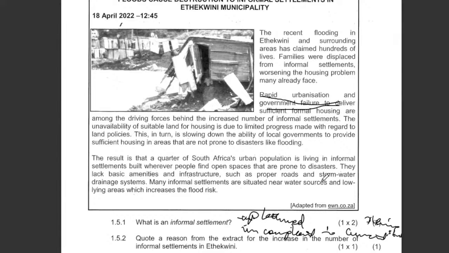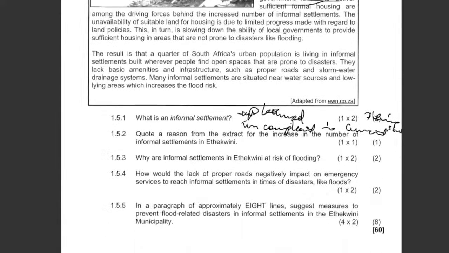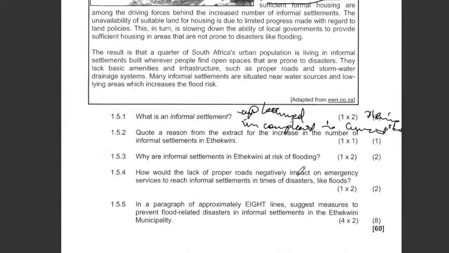So the two reasons that we can have are rapid urbanization, and the government failure to provide formal housing.